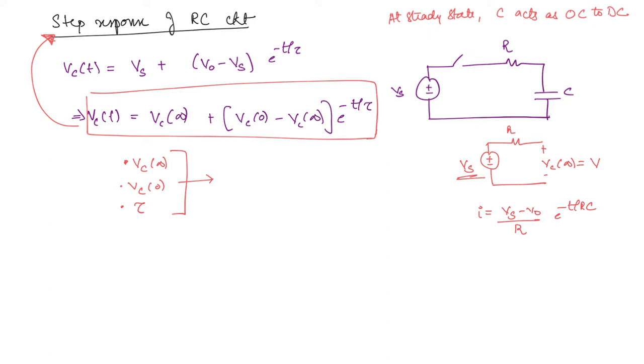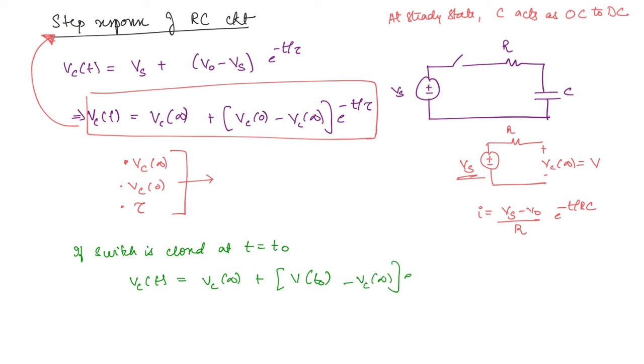One more important point, as an extension of this formula: if the switch is closed at t equal to t naught, then you will have to write Vc of t equal to Vc of infinity, which will remain the same, plus the initial value now at t naught, because the switch is closed at t naught, minus the final value, times e to the power minus t naught divided by tau.